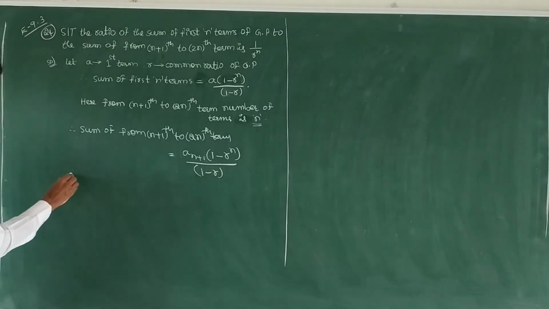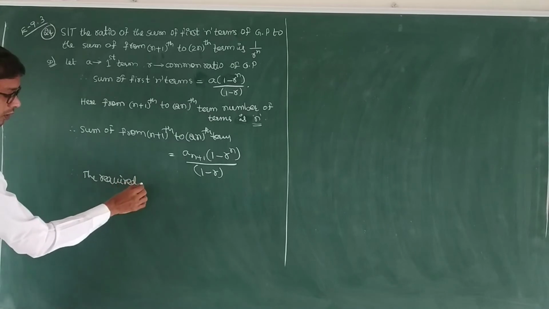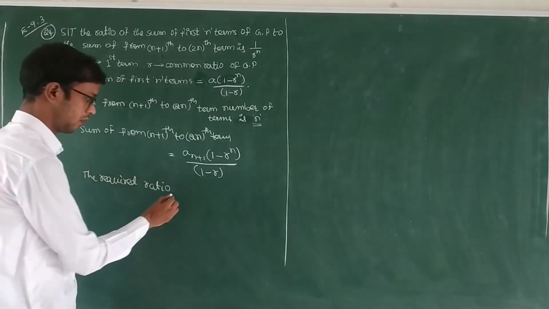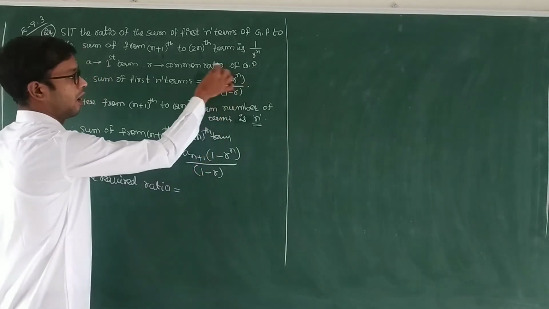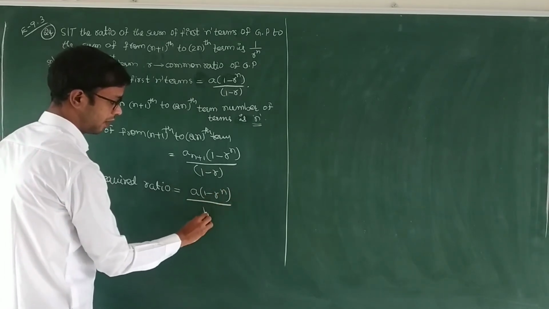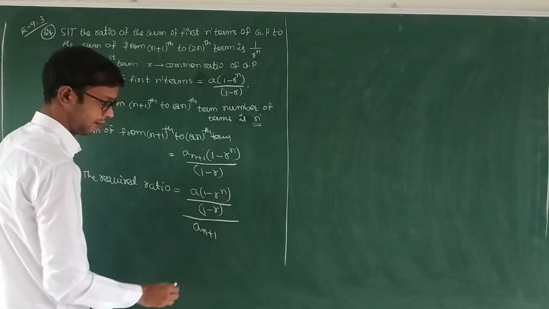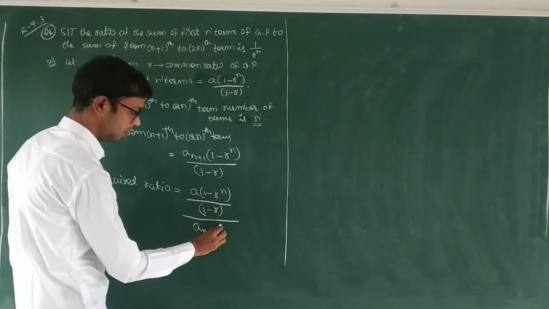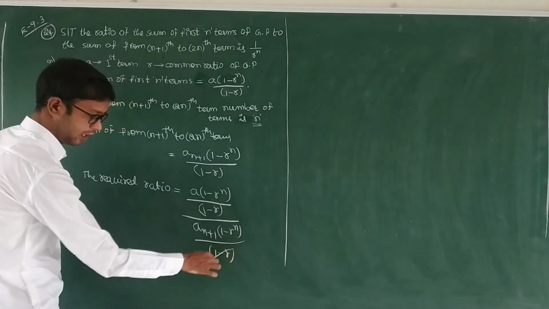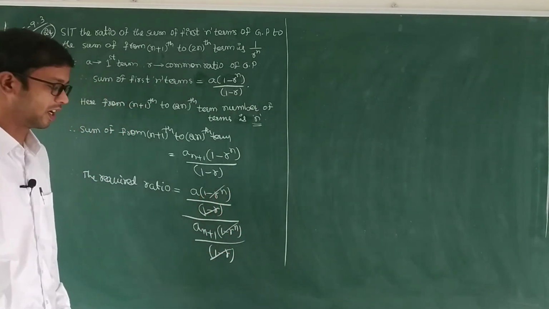Therefore, the required ratio is equal to the sum of the first n terms, a into (1 minus r power n) by (1 minus r), whole divided by a(n plus 1) into (1 minus r power n) divided by (1 minus r). See here, 1 minus r gets cancelled. (1 minus r power n) gets cancelled.